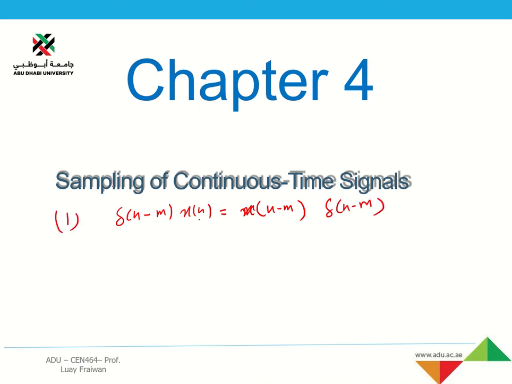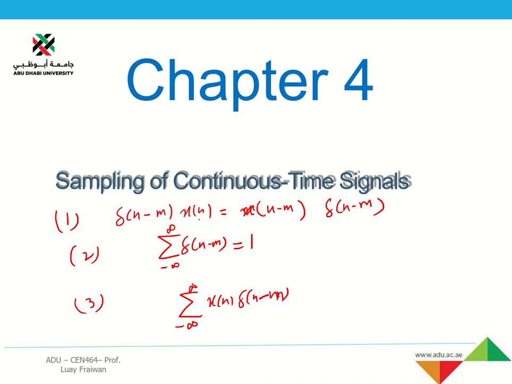The summation of the impulse is always 1. The third property is also called the shifting property: you multiply a signal with an impulse and then take the summation or integrate.